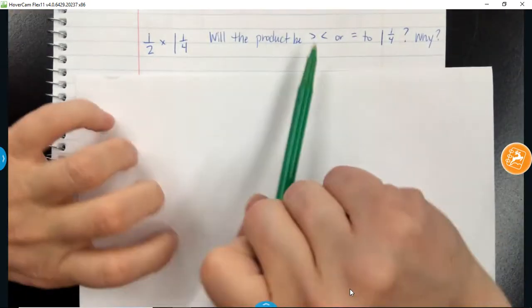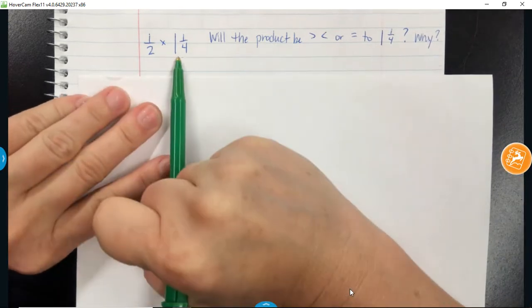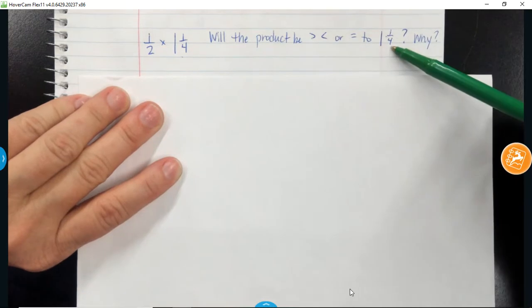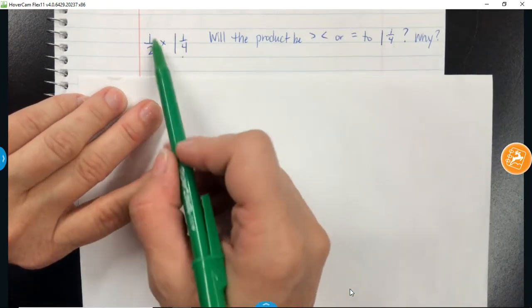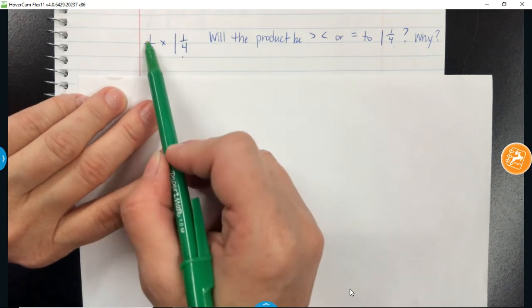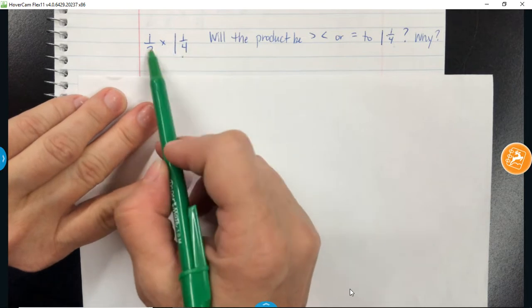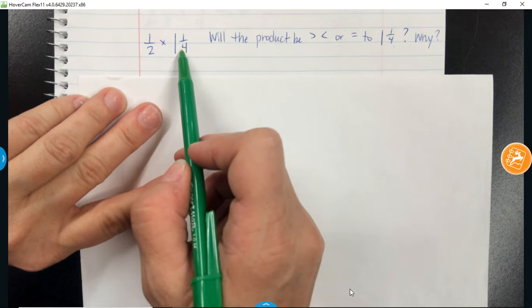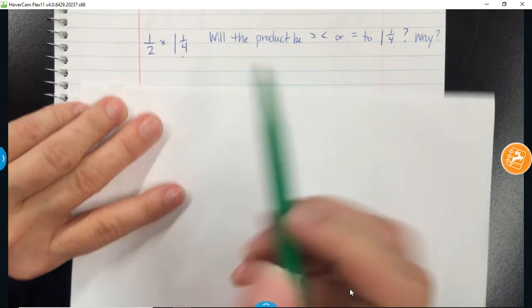All right, try this. Will the product be greater than, less than, or equal to 1 1/4? Again, we're comparing to the given factor. They're telling us 1 1/4. We have to compare that to whatever the other factor is. Now we're multiplying 1 1/4 times 1/2. Is this factor being multiplied by something greater than, less than, or equal to 1? Anything times 1 is itself. Anything times less than 1 will be less than itself, right?